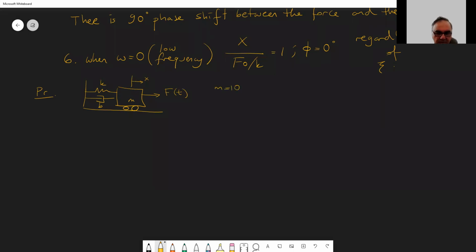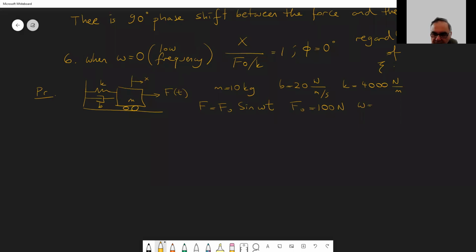M is 10 kilograms. B is 20 Newton per meter per second. K is 4,000 Newton per meter. F equals F0 sine omega t, and F0 is 100 newtons.